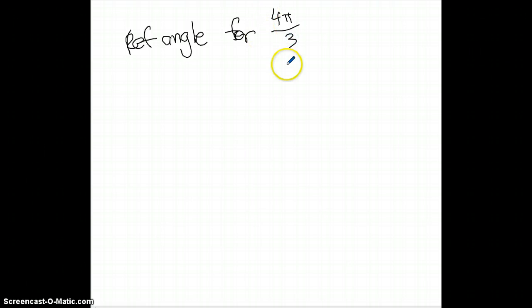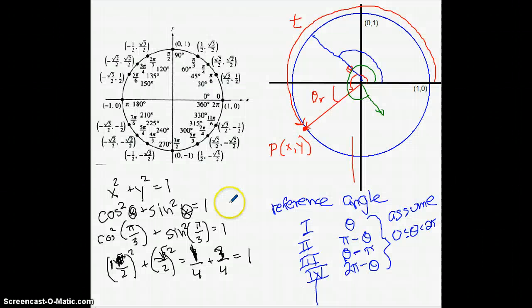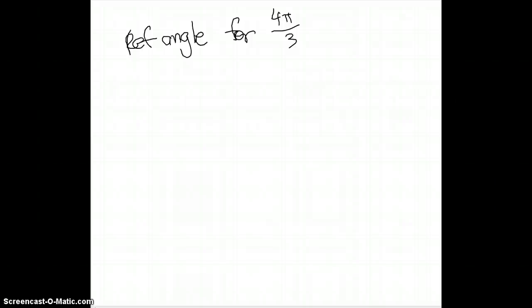Now, what quadrant is 4 pi over 3 in? Well, 4/3 is between 1 and 3/2. Here's 1 pi, here's 3/2 pi. 4/3 is greater than 1 and less than 3/2, so that's going to be in the third quadrant. It helps to be able to figure out what quadrant these things are in.